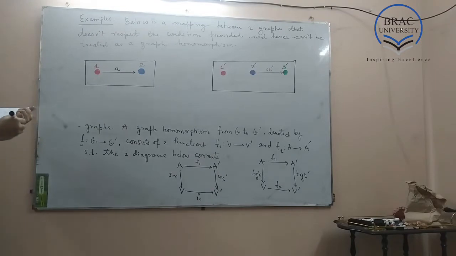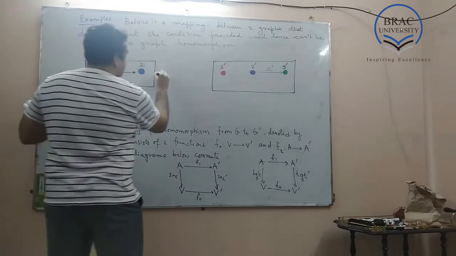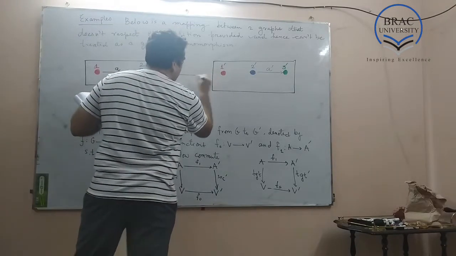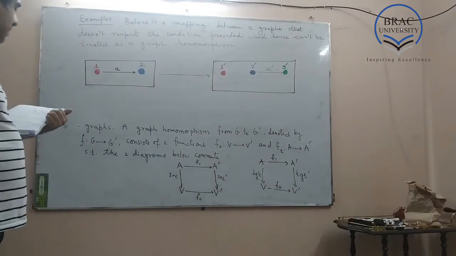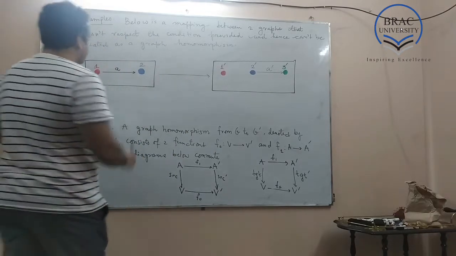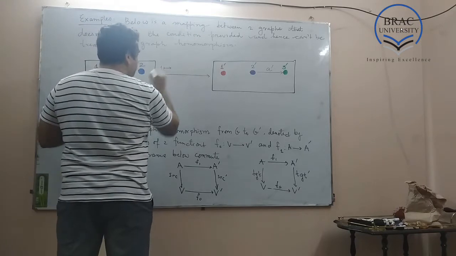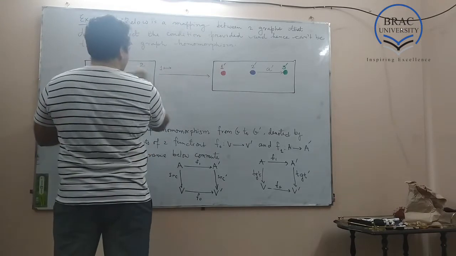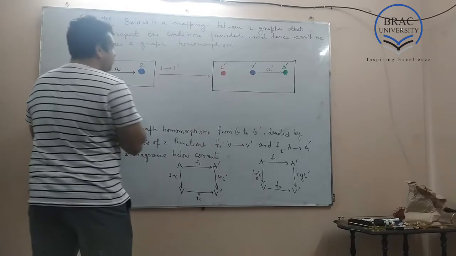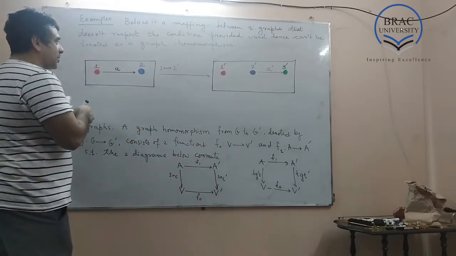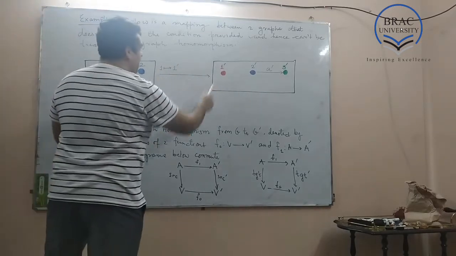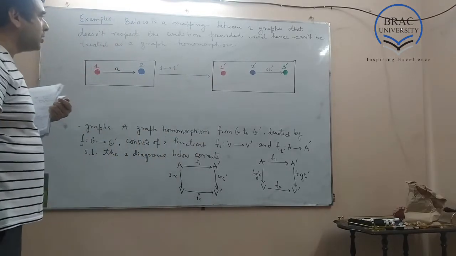Right? So, we're drawing a map. This is a map from one graph to another graph, where the vertex 1 is mapped to 1 prime. How do you see this mapping? Because they have the same color. 1 and 1 prime have the same color.